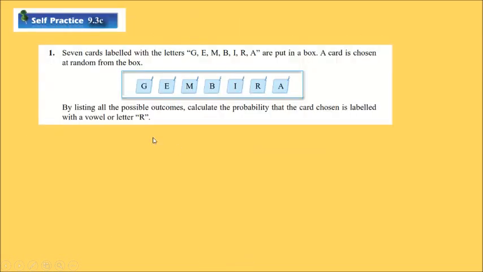So self-practice 9.3c. Seven cards labeled with letters G, E, M, B, I, R, A are put in a box. Then a card is chosen at random from the box.